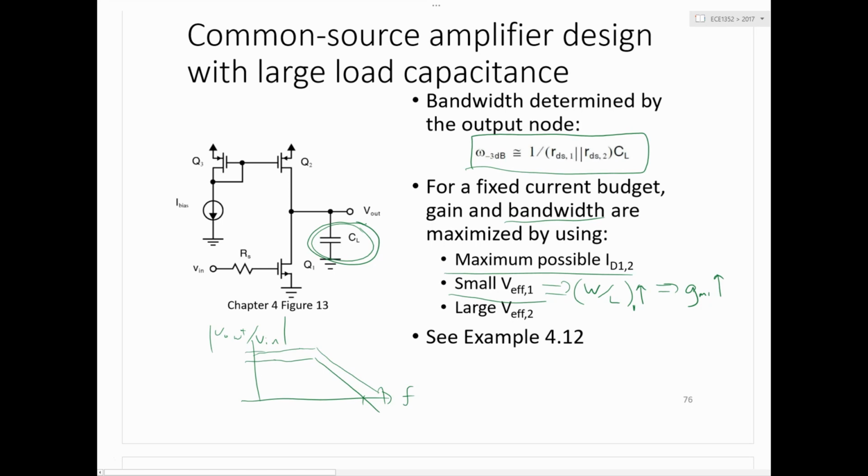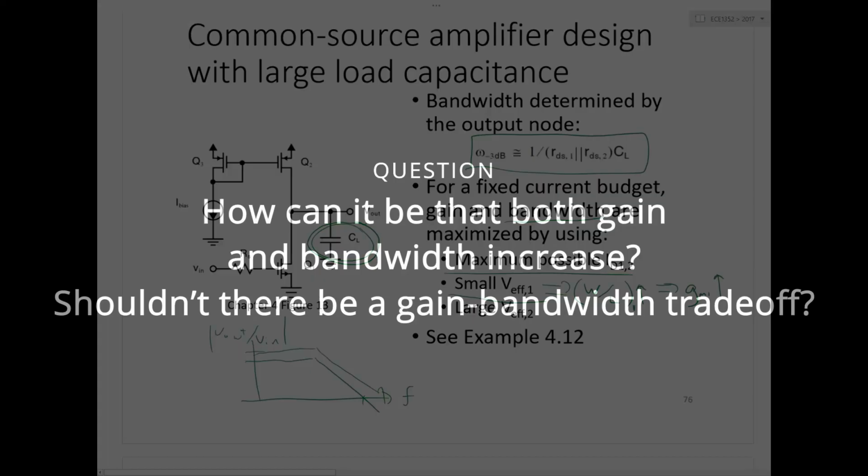The closed loop bandwidth will be proportional to the open loop unity gain frequency.